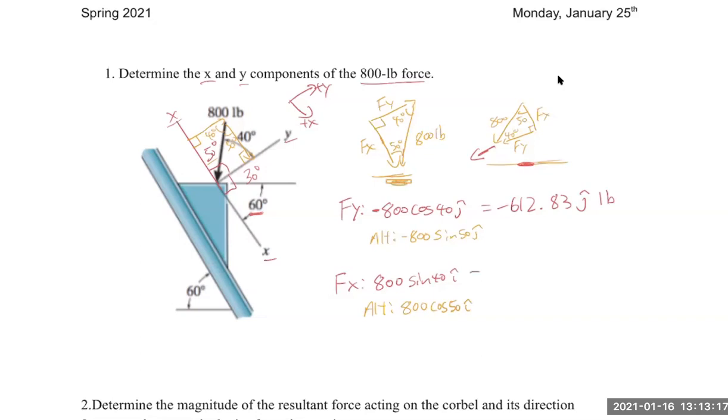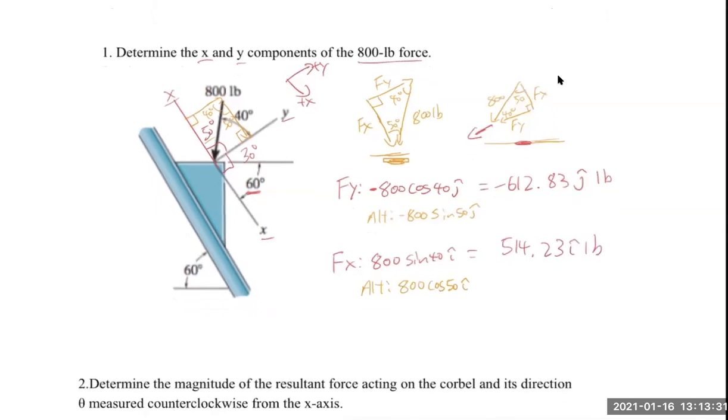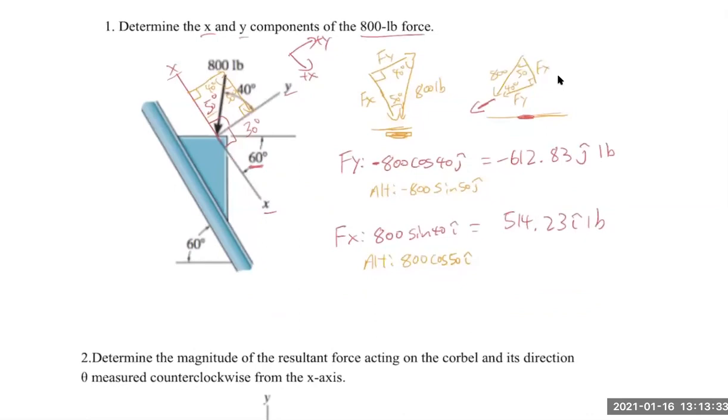Let's plug this into our calculator. It's going to be equal to 514.23 i hat pound. And then we're done with the problem, but we have to write this in the Cartesian vector form if we want to make it look prettier.